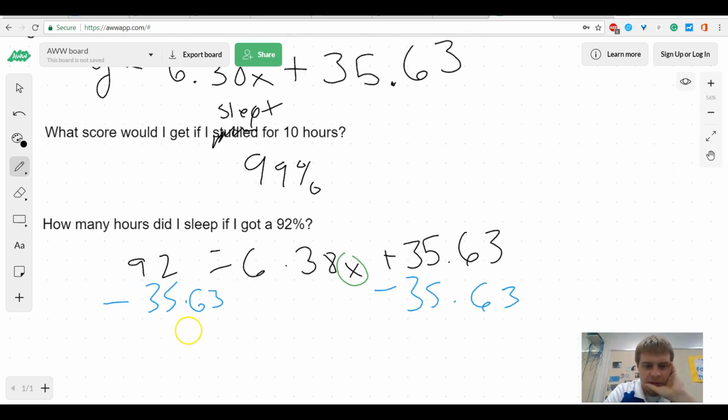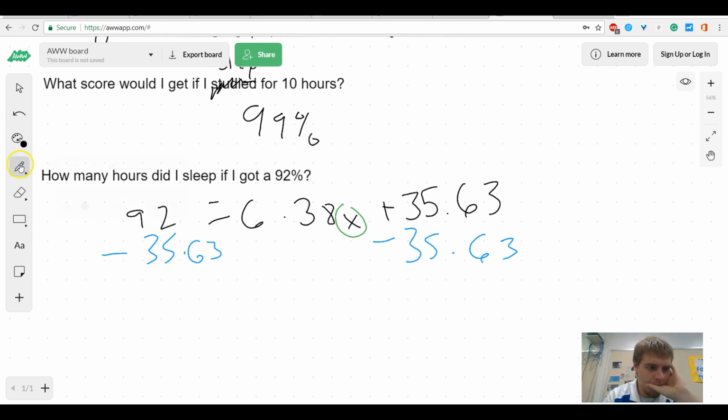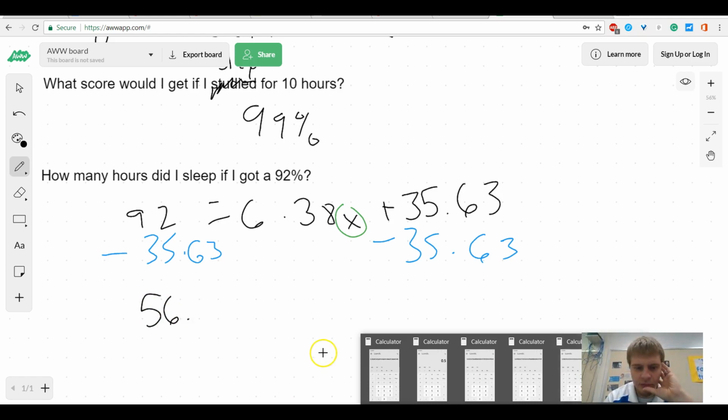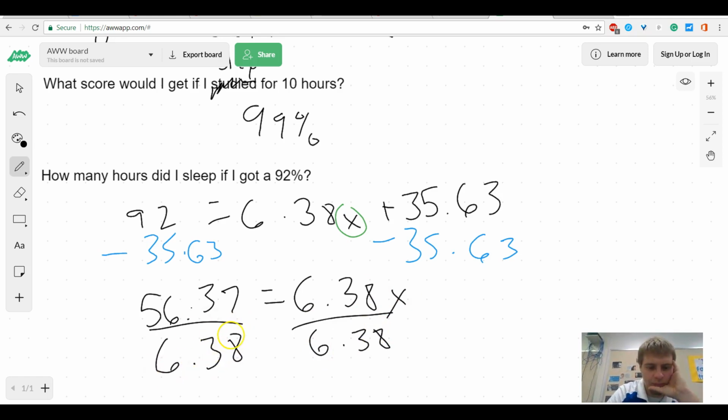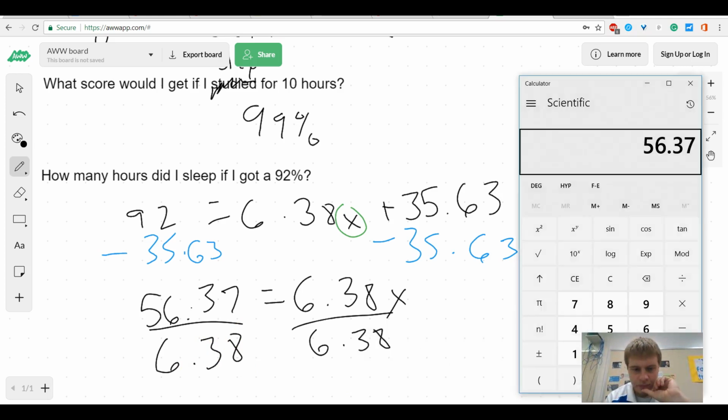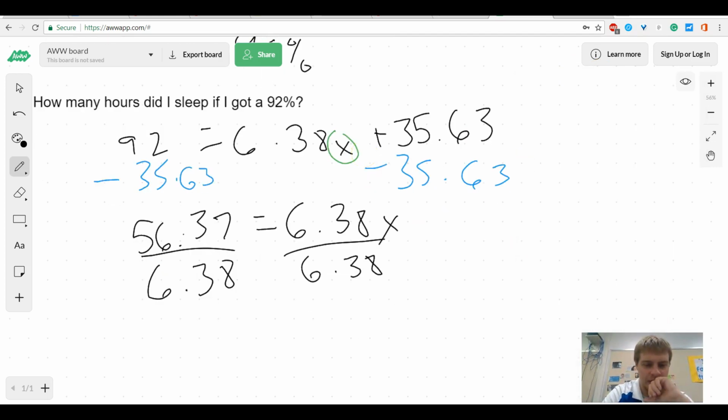That gives 56.37. Then we would divide by 6.38 on both sides. It looks like it's 8-ish to 9-ish hours, so let's just round up to 9 hours. That would be our final answer.